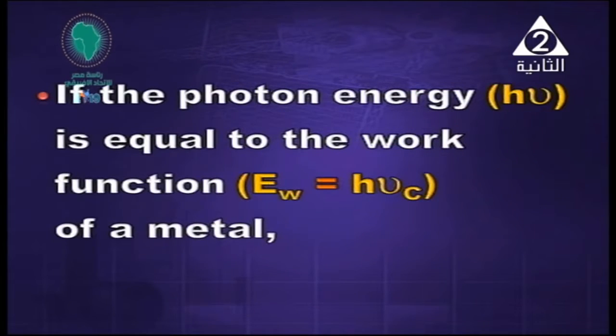If the photon energy is equal to the work function, this is one possibility. Okay, work function is EW, which is equal to h nu c. Nu c is the threshold frequency or cutoff frequency or critical frequency. If the photon energy is equal to the work function of the metal, what happens?